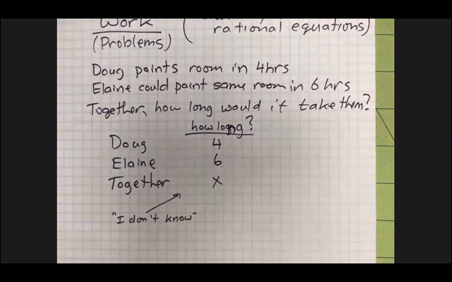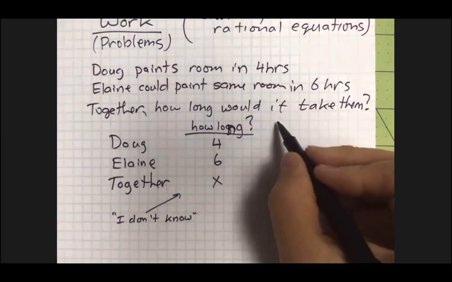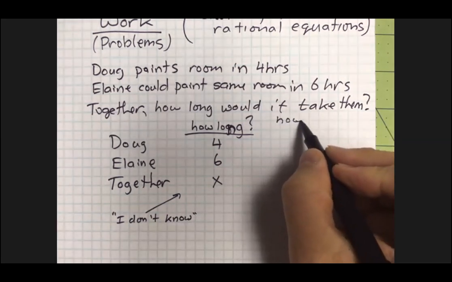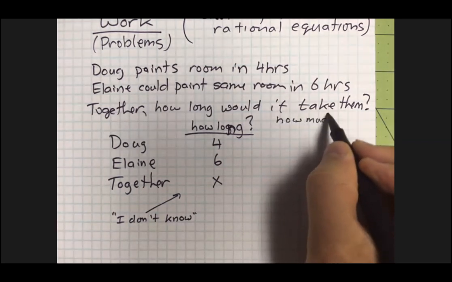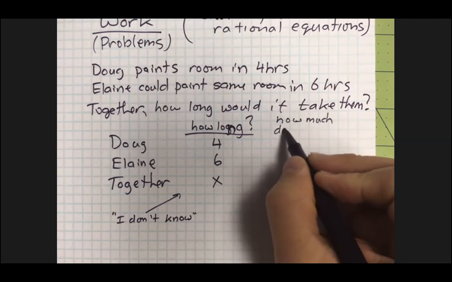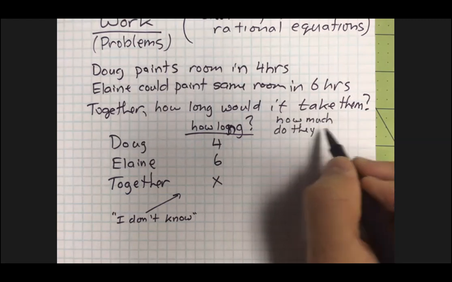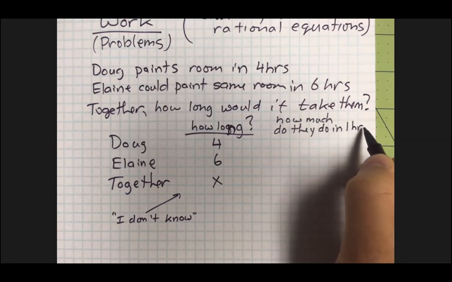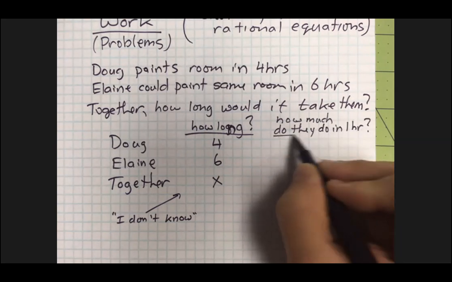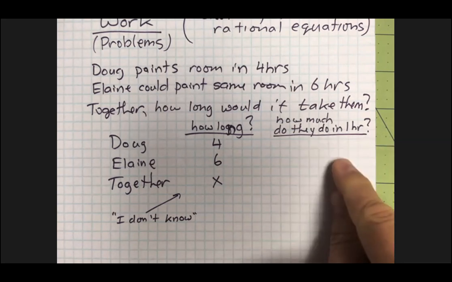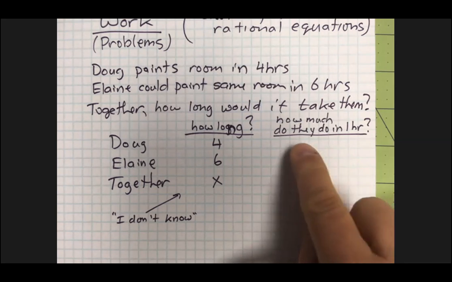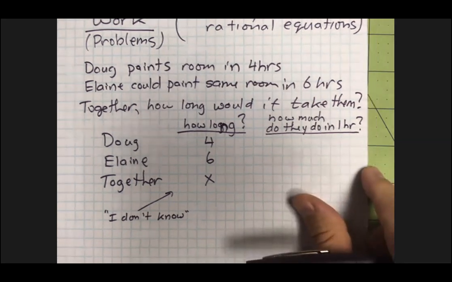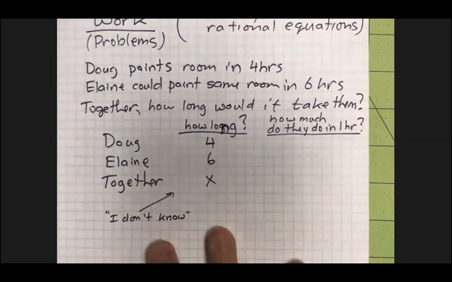Instead of how long does it take them to paint the room, how about how much do they do in 1 hour? Let's think like that. I'm writing a little sloppily, but let's just think out loud.